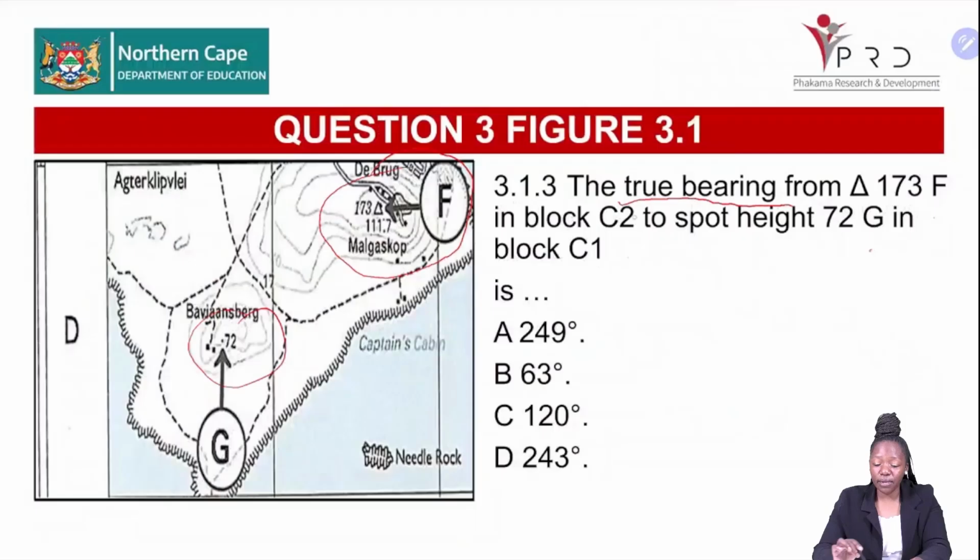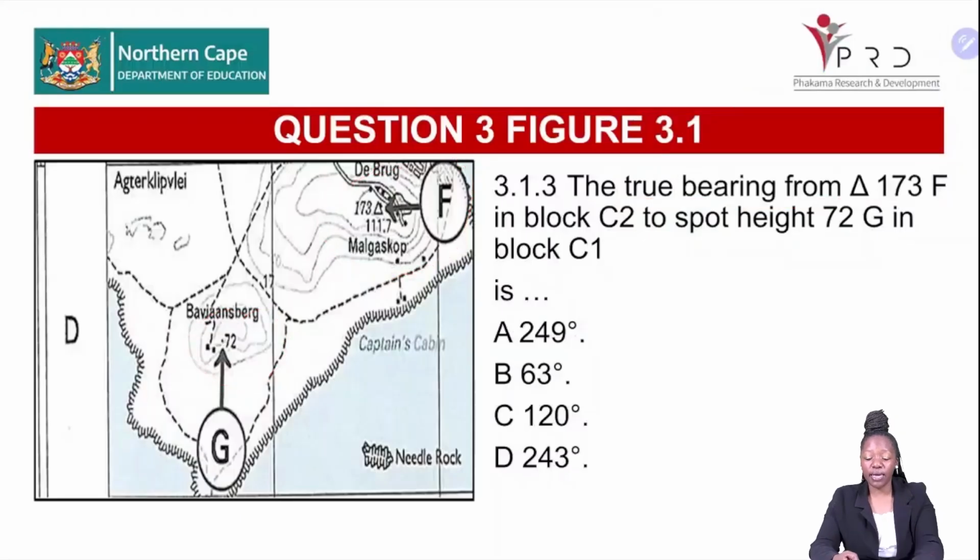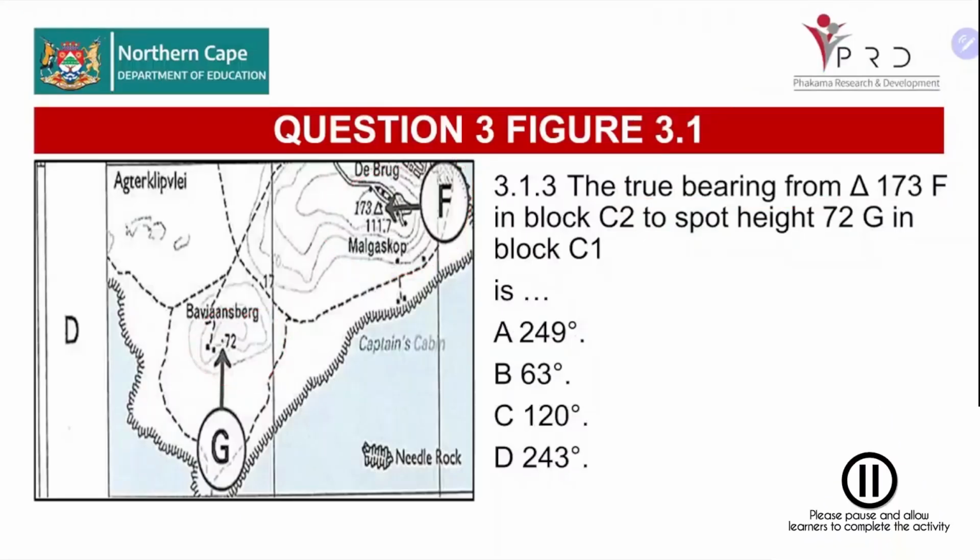So remember again, by now you're supposed to identify which point starts with the from. That point is the one from which you're going to draw your true north line and then you connect. Then to determine the true bearing, you're supposed to use a protractor. So I'm going to give you 3 minutes so that you are able to plot your points, and then after 3 minutes we'll be able to identify what is our option between option A as well as option D.